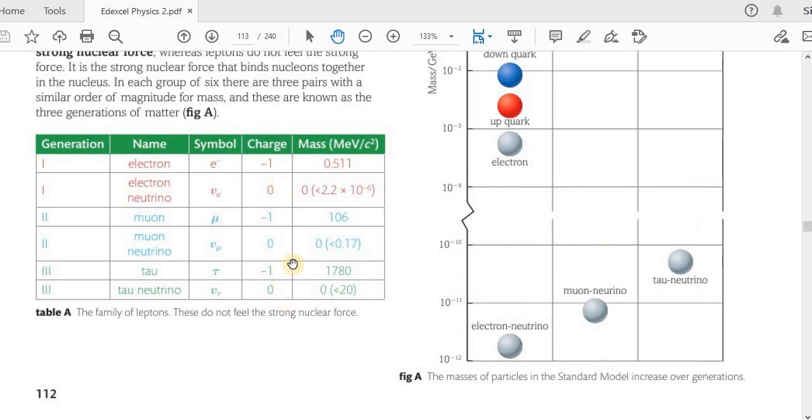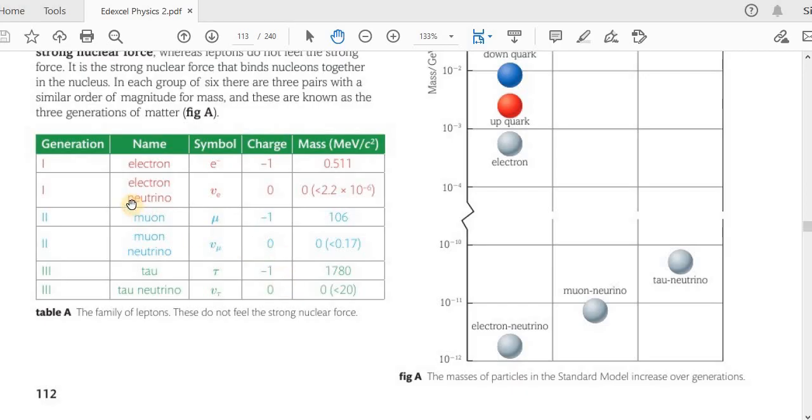Okay, so then the others are 0 0 0, easy to remember. So whatever doesn't have that neutrino part, you can remember as having a charge -1. Easy to remember. See, electron, muon, tau, they have charge -1 -1 -1.